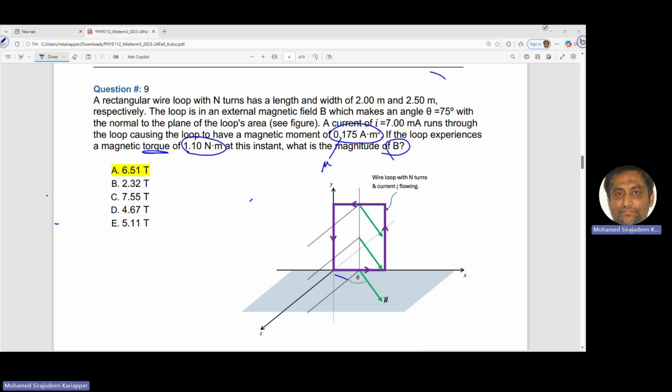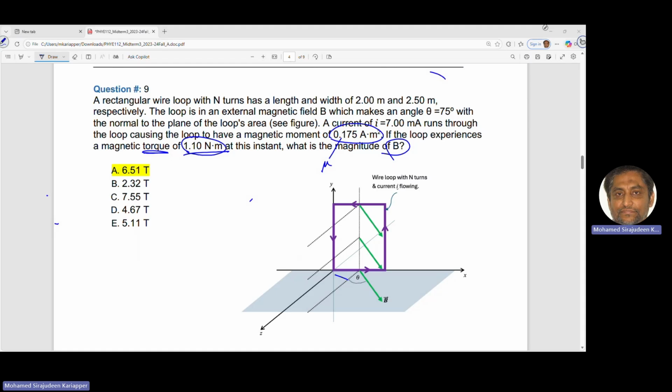He's saying we keep this current carrying loop in a magnetic field. We don't know what it is. When you do that, it starts rotating because it is experiencing a torque. And the torque is given to you, and he asks for the magnetic field.